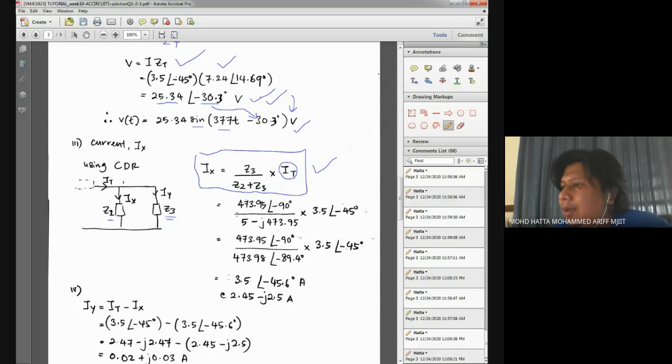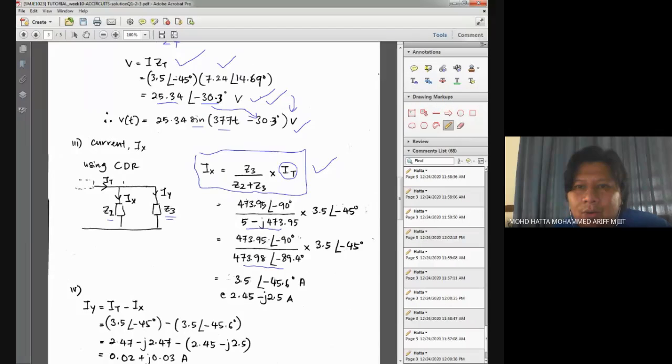If you have a division over here, the first one is okay because it is represented in phasor form, but the one that you have down here is in rectangular form. So to calculate it manually, you need to convert it into phasor or polar form in order to easily divide these two quantities.